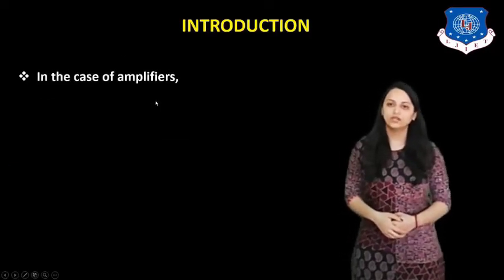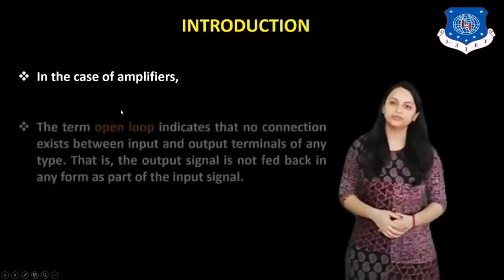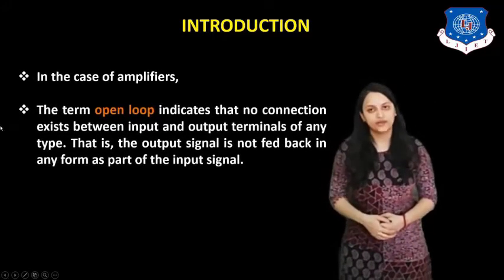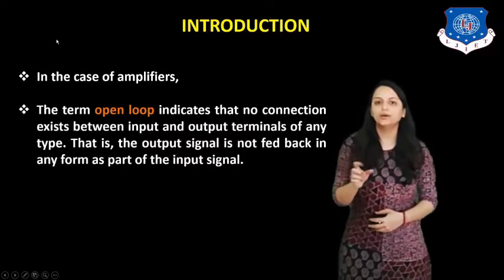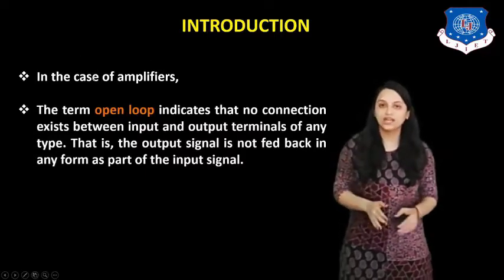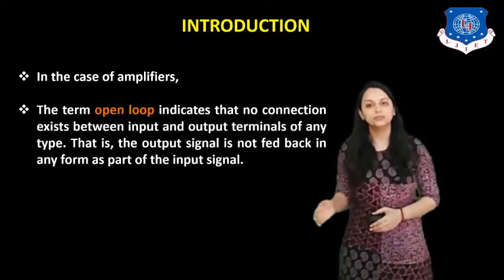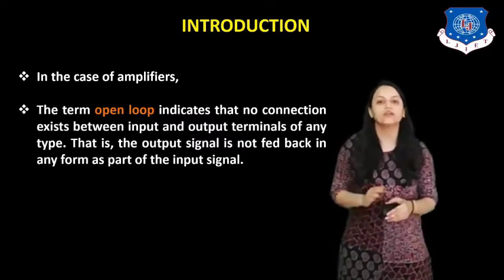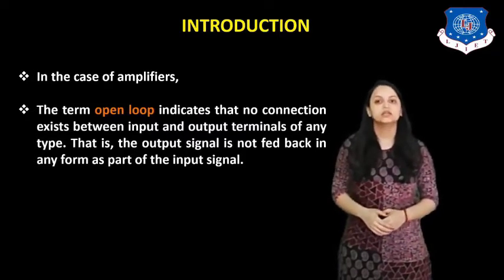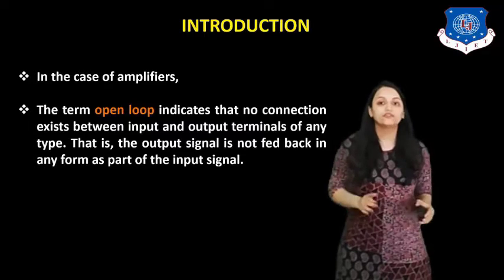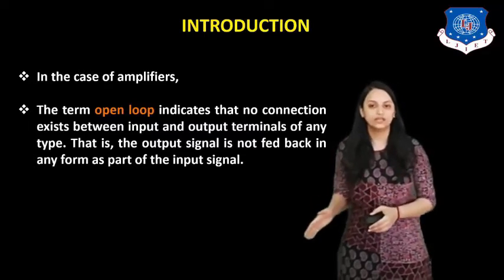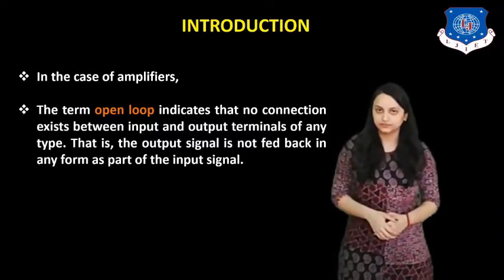So first of all, let us see the introduction part. In the case of amplifiers, the term open loop indicates that no connection exists between input and output terminals of any type. That is, the output signal is not fed back in any form as a part of the input signal.